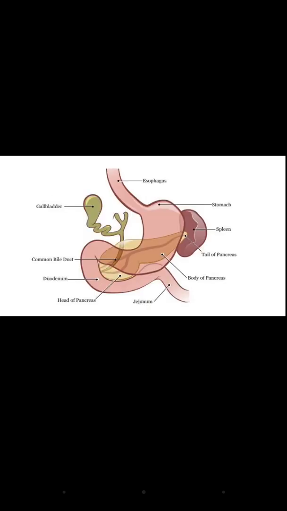In this diagram, you can see the head lies in the curve of the duodenum, then the body lies behind the stomach and the tail reaches to the spleen and is in front of the left kidney.